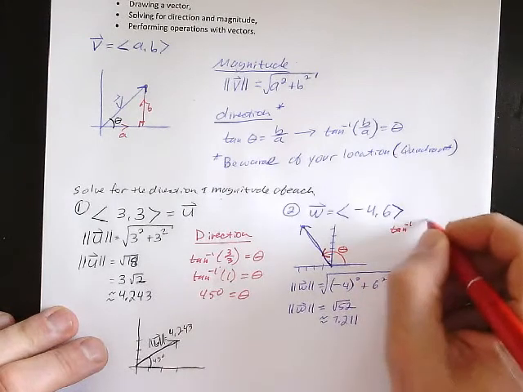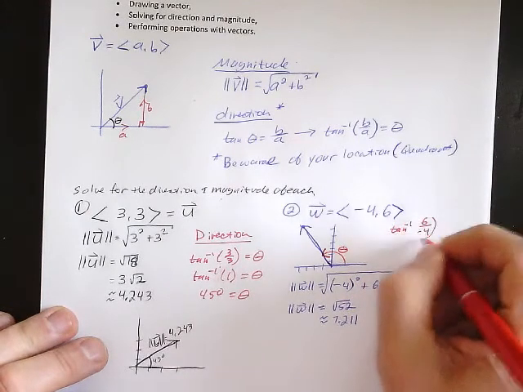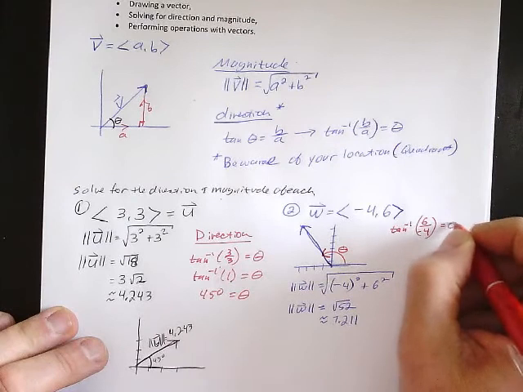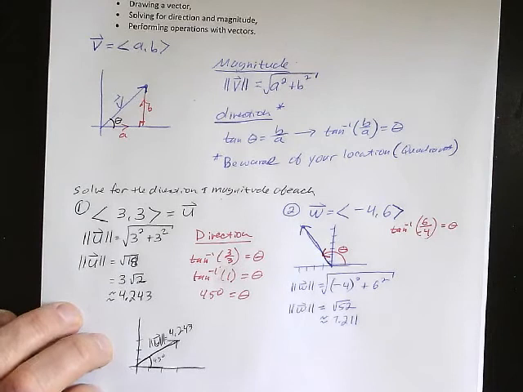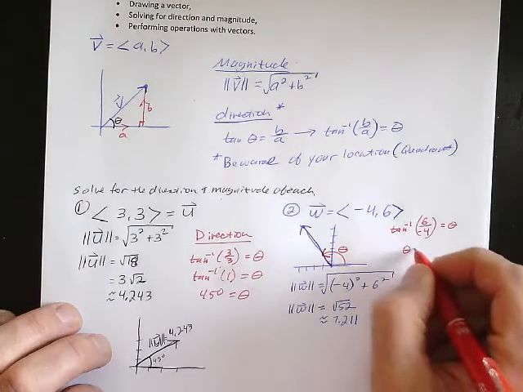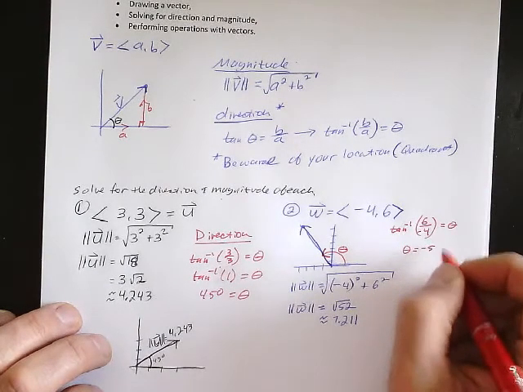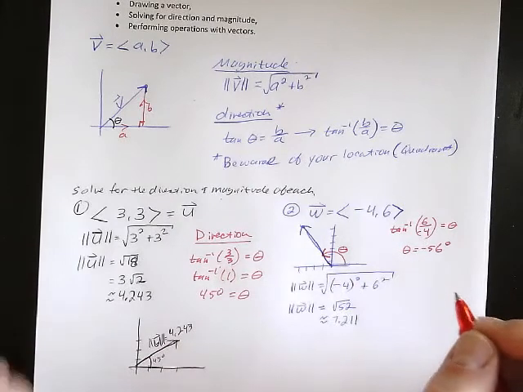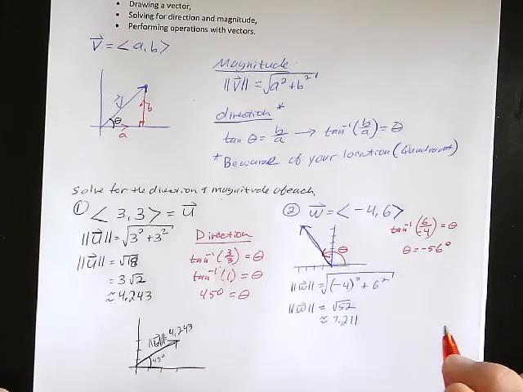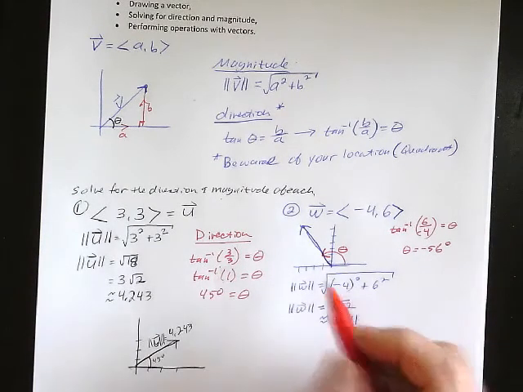So if we do the inverse tangent of 6 over -4 for theta, we get theta equal to -56. I'm going to round to -56 degrees just for simplicity's sake here.